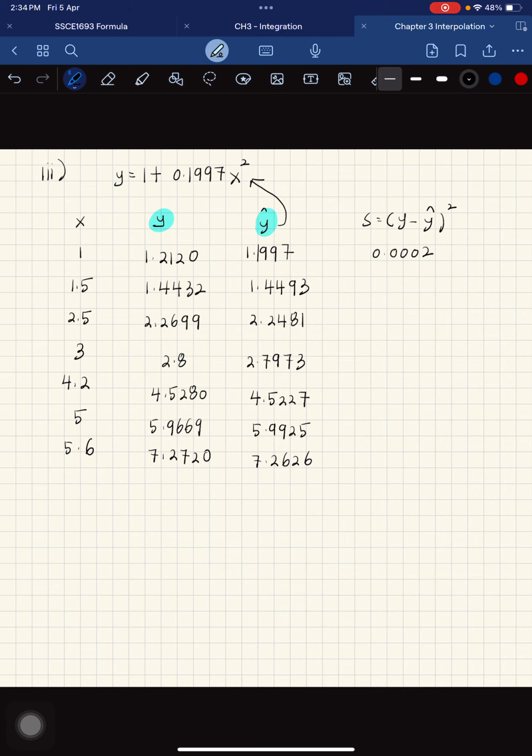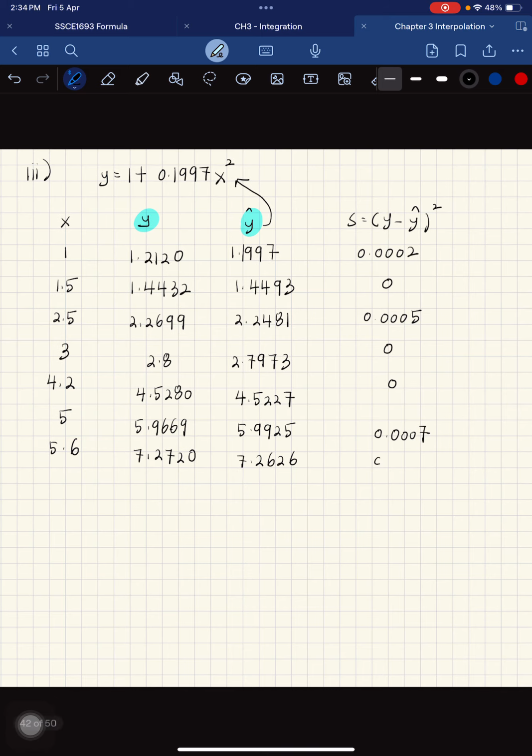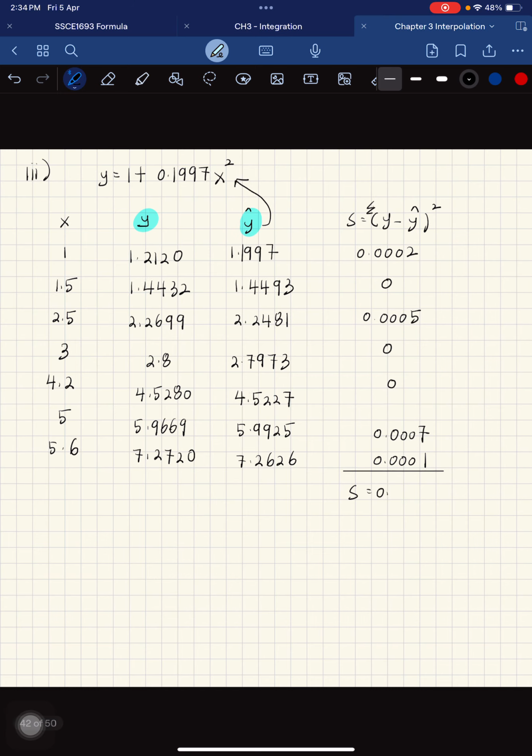So for the S, the summation, S is equal to 0.015.